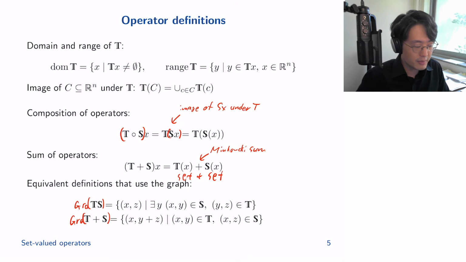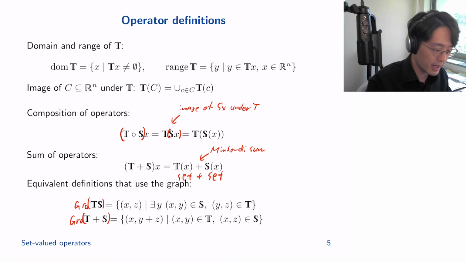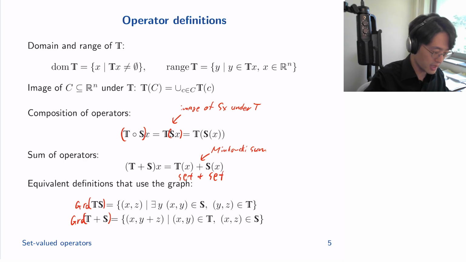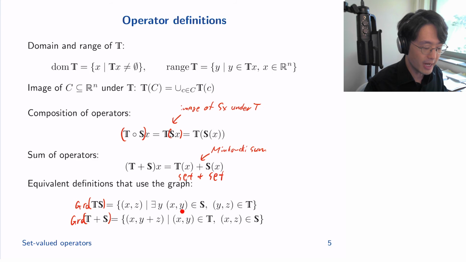So the graph of the composition of T and S is defined as the pair of input-output pairs. So x is the input, z is the eventual output. So since we're composing T and S, z is the output of the operator T, and x is the input to the operator S. And then there exists an intermediate output y from S, such that when y is provided as input to the second operator T, it produces z.